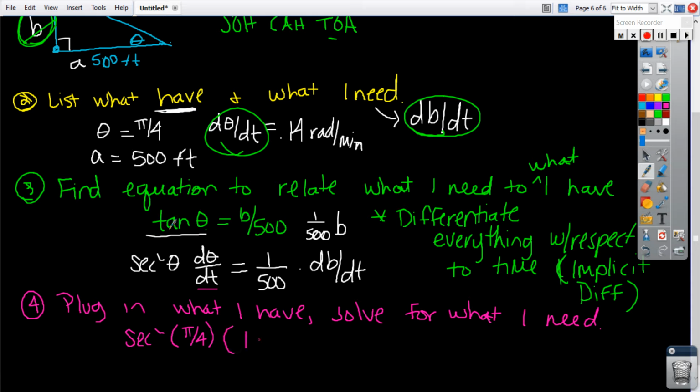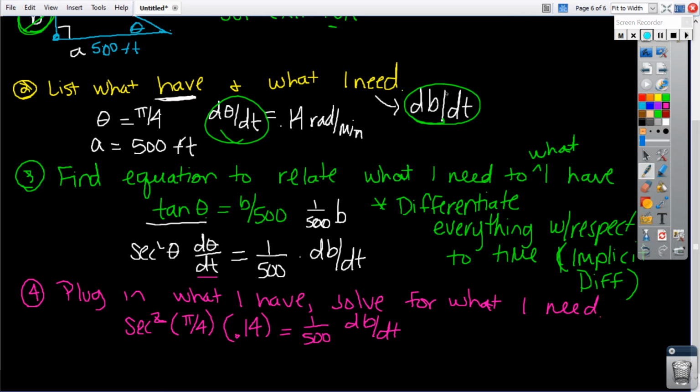And don't treat this as a function of secant; this is being multiplied here. Then I have equals 1 over 500 dB dt. So I've plugged in what I have, and I need to clean this up and solve for what I need. I'm almost done here.